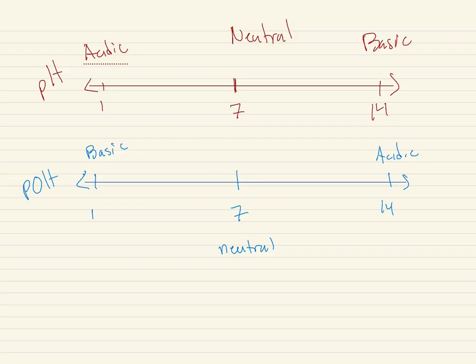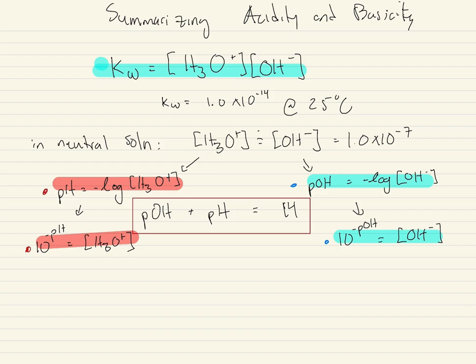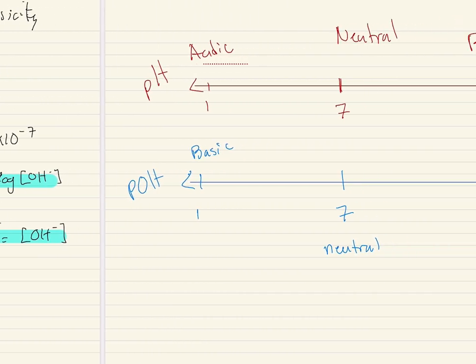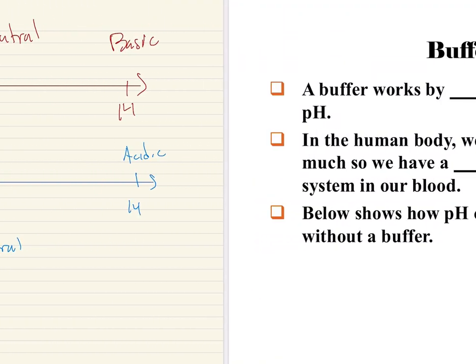So a lot of these problems are just going to be identifying which of these equations you will need to use and which steps you'll have to use to get to either the pOH, the OH minus concentration, or the concentration of H3O plus. Really, we're just looking at two different concentrations, and everything else is derived from that. Okay, all right, so I just wanted to make sure that we introduced all of that.